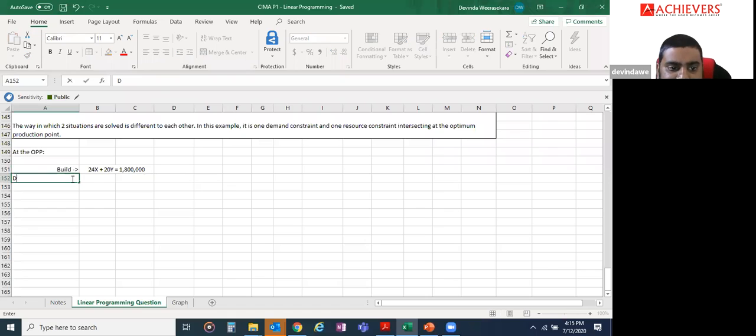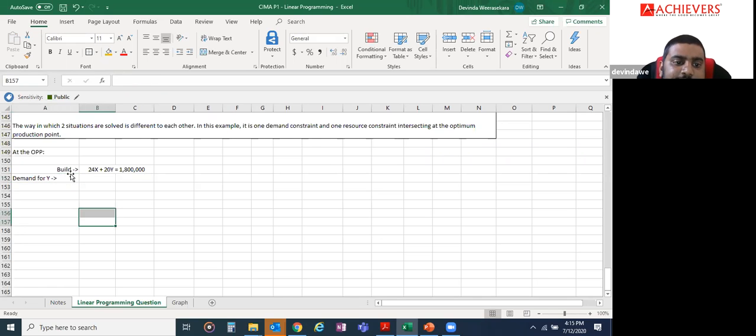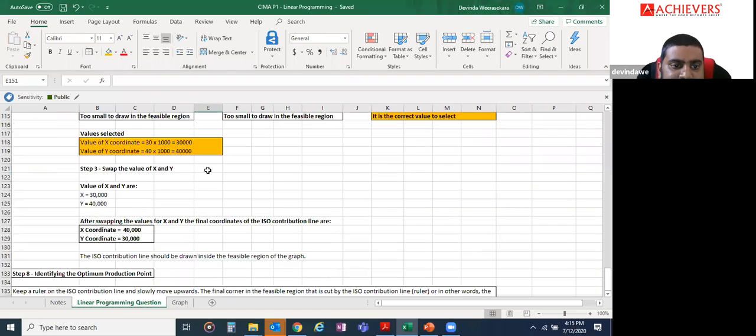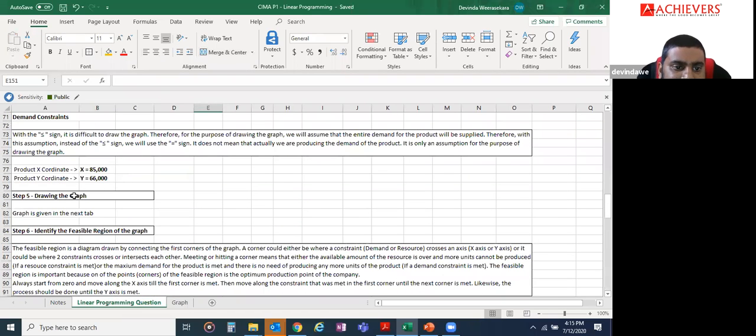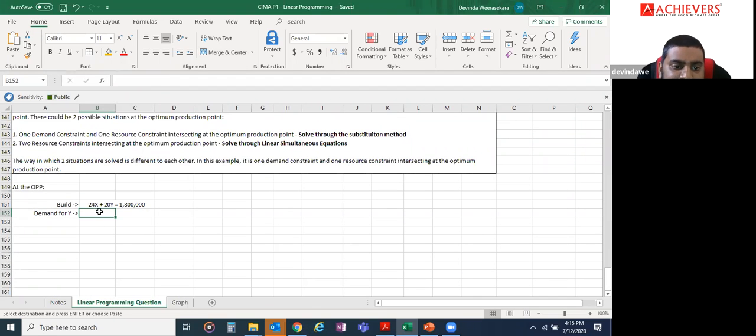Second one is demand for Y. What is the equation? Demand for Y is Y equals 66,000. That's the equation we use to draw the graph. So these are the two equations.